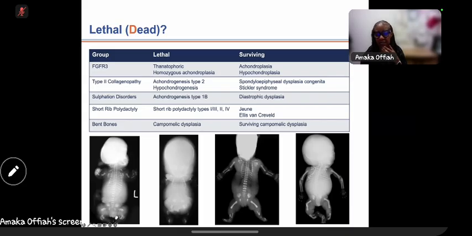Camp means bent, and you see the bowing of the femur, junction of proximal 1/3 and distal 2/3, which is the opposite of the tibia, which is the junction of the proximal 2/3 and distal 1/3. More than that, because sometimes this bowing can be very subtle, you may just see a little tiny kink.